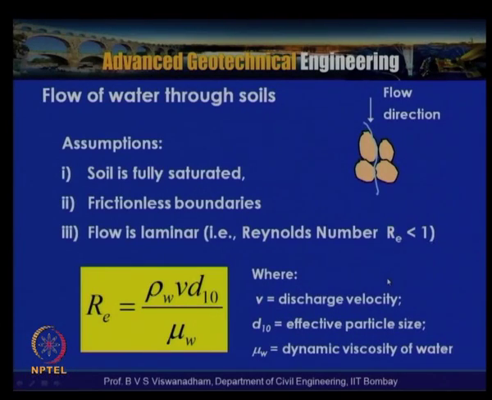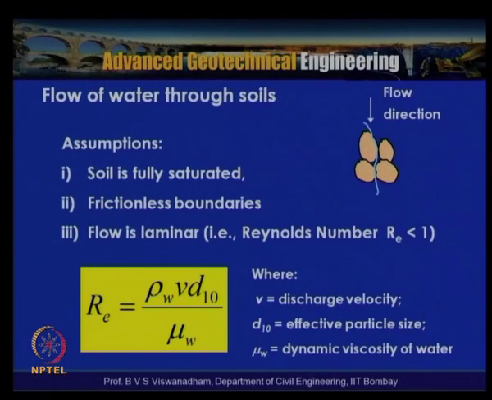In flow of water through soils, the main assumptions are that the soil is fully saturated, the boundaries between the solids are frictionless, and the flow is laminar. In soil mechanics, particularly for flow of water through porous media, the Reynolds number is defined as rho_w times V times D10 by mu_w, where D10 is the effective particle size, mu_w is the dynamic viscosity of water, V is the discharge velocity through the macroscopic area, and rho_w is the mass density of the flowing fluid.